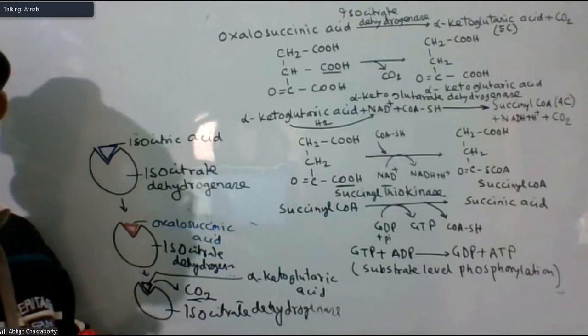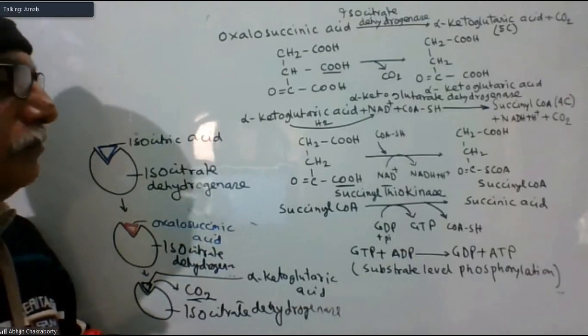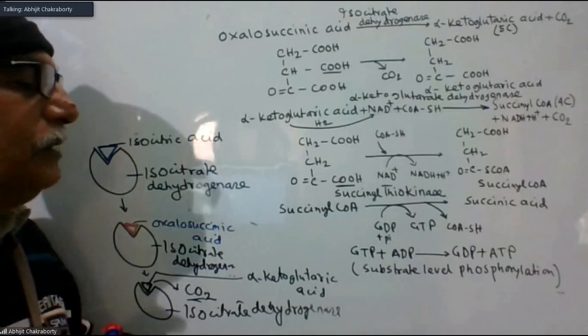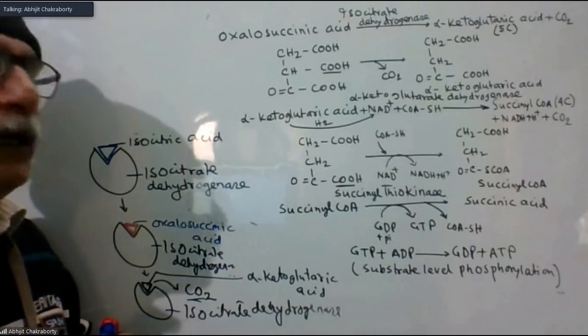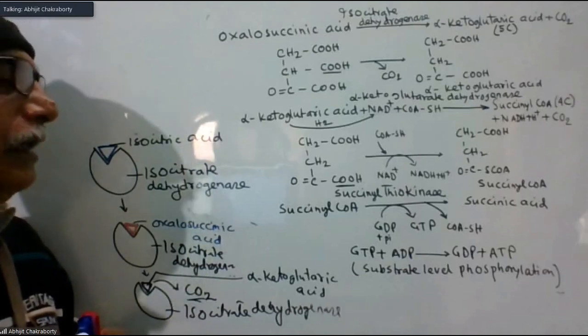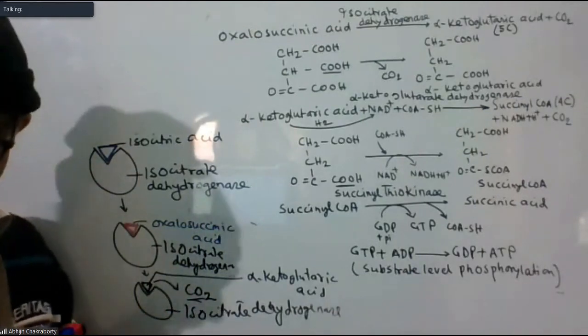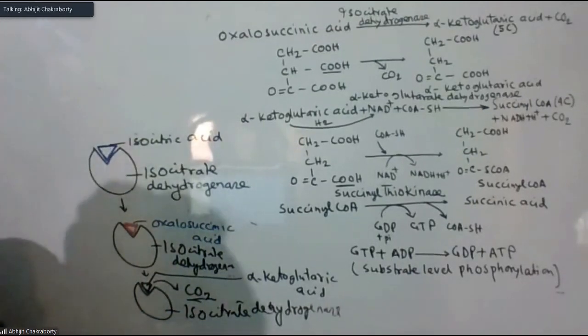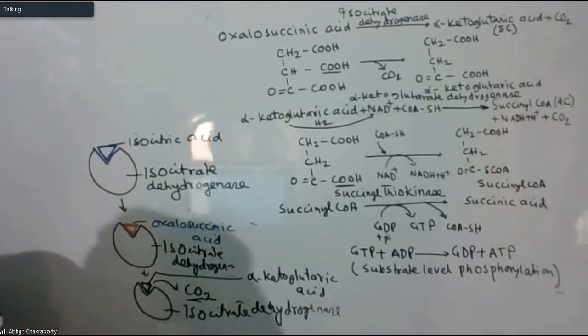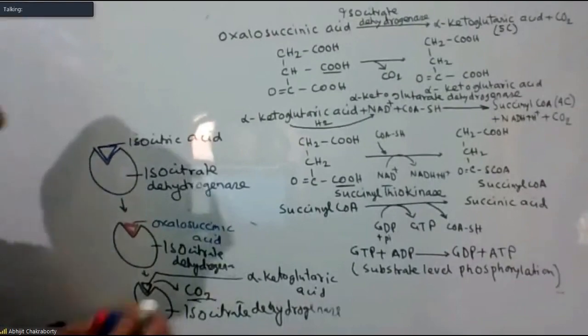Sir, how does GTP plus ADP happen in the reaction? From GTP, the phosphate group is transferred to ADP. By getting the phosphate group from GTP, the ADP becomes ATP. Are you getting me? Yes sir.